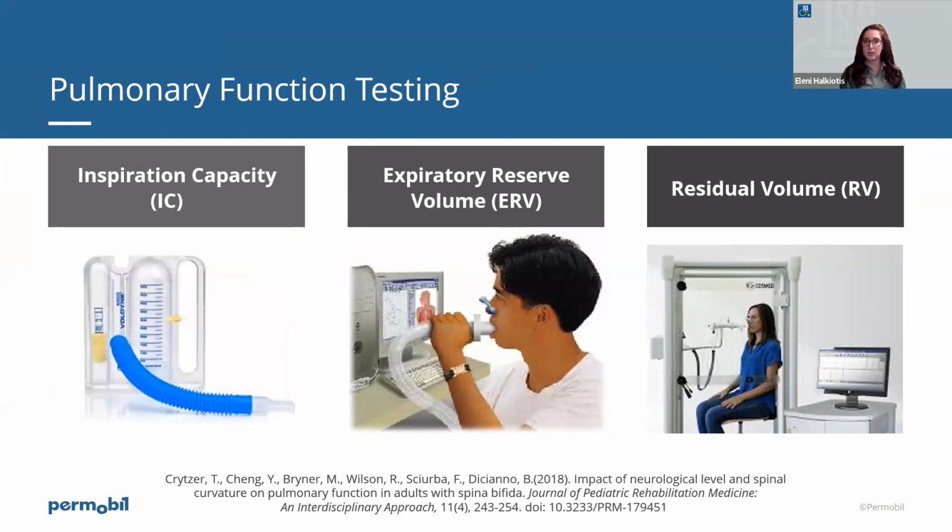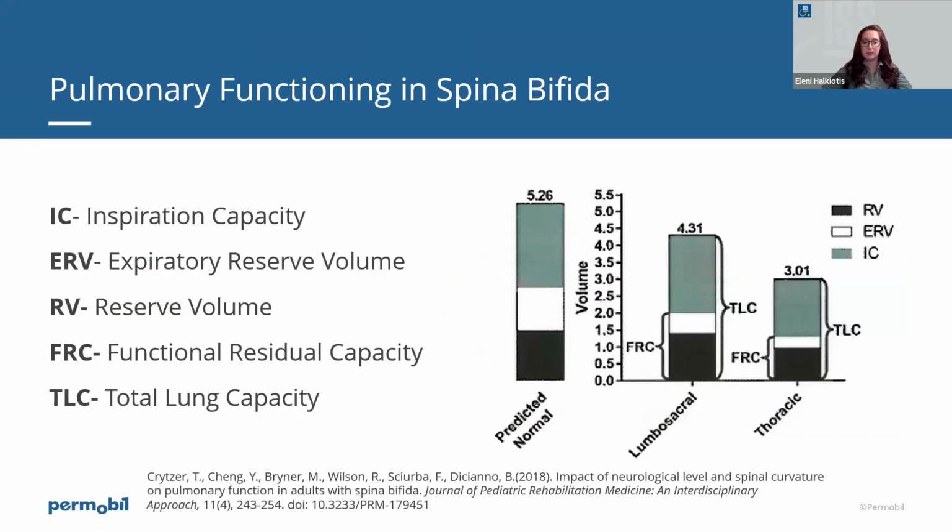These include inspiration capacity, or IC, which means the amount of air that someone can inhale, the expiratory reserve volume, or ERV, which is the most forceful amount of air above a normal breath that can be exhaled during a forceful breath out, and residual volume, which is the amount of air remaining in the lungs after the most forceful respiration. Each of these tests is conducted using a tool like what you see here in the images.